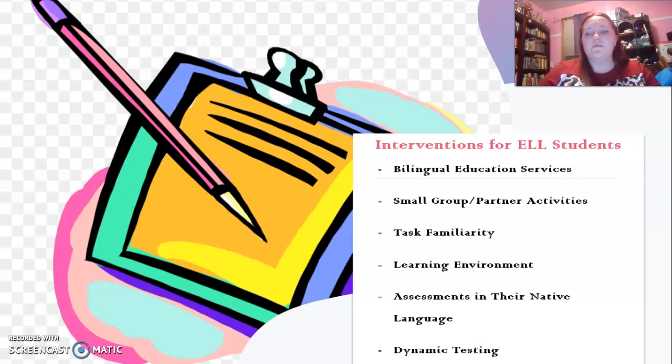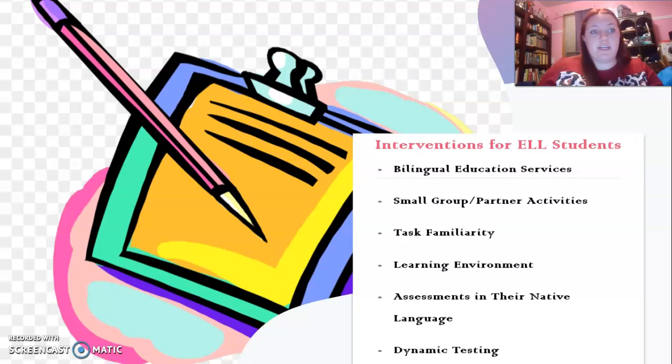Another intervention includes task familiarity. This involves making sure that when asking students to do something, they know what to do. It includes explaining things and ensuring instructions can be understood. This could also include letting them choose their own book to read when teaching students about like main idea or other parts of reading.